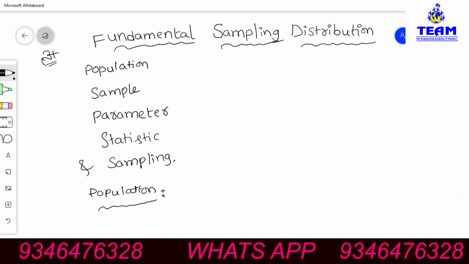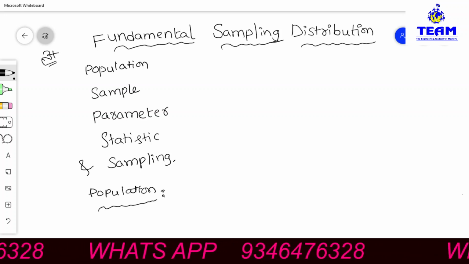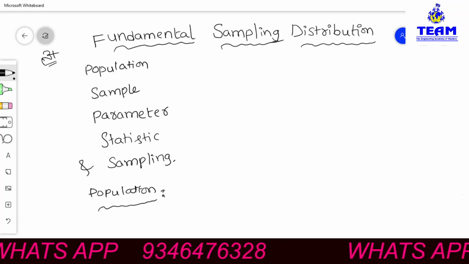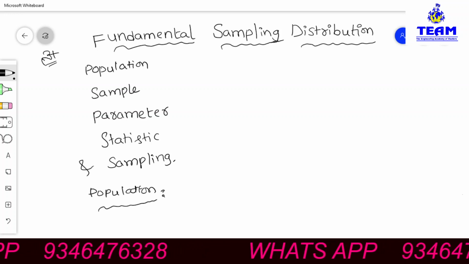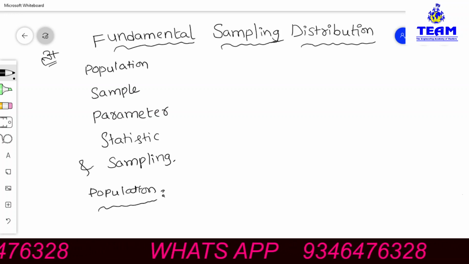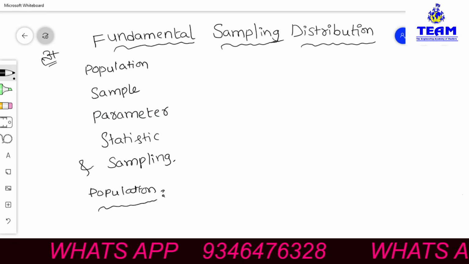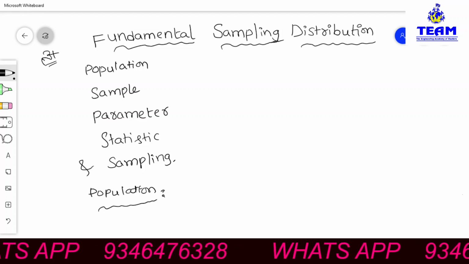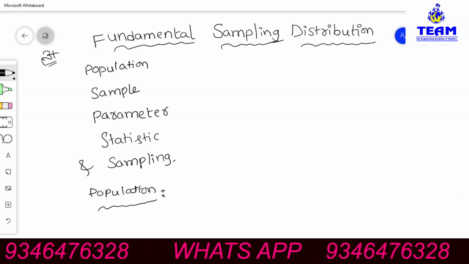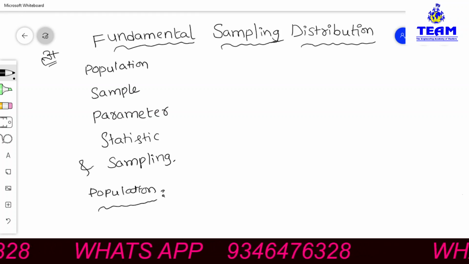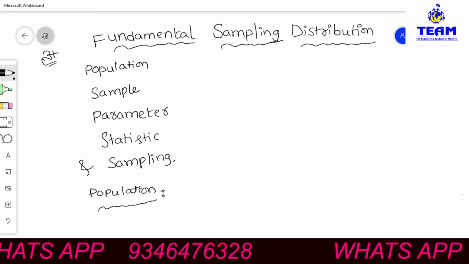We know that a universal set is the possible set of all subsets. In the same way, we can define population is also the set of all possible observations of a statistical data.